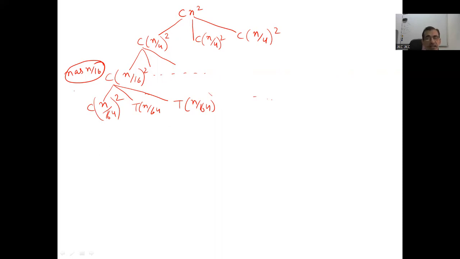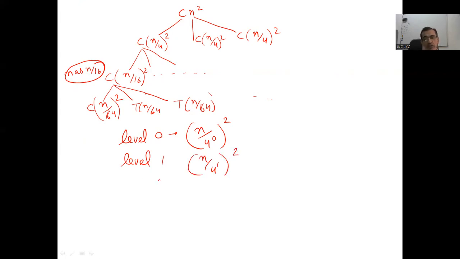It shows how my levels are growing. Level 0 had the value n by 4 raised to 0, squared. The next level had n by 4 raised to 1, squared. Then level 2 had n by 4 raised to 2, squared.